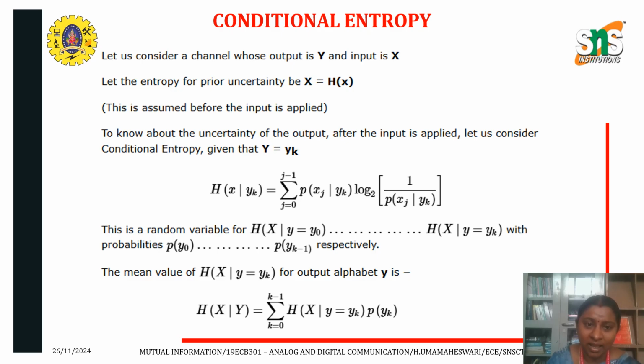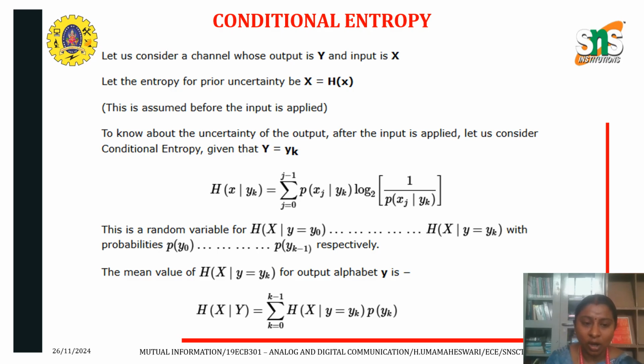The entropy for the prior uncertainty about X is equal to H(X). To know about the uncertainty of the input after the output is observed, let us consider the conditional entropy given that Y is equal to y_k. H(X|y_k) is equal to the summation of P(x_j|y_k) log of 1 by P(x_j|y_k).